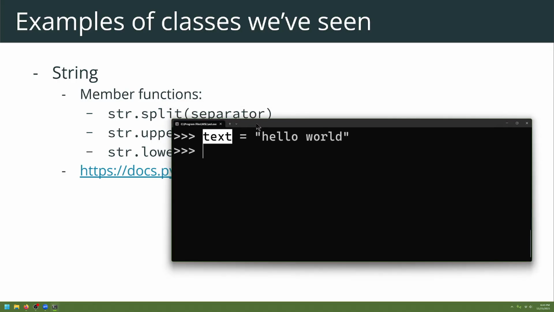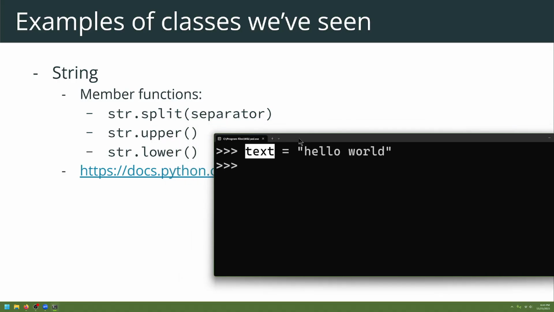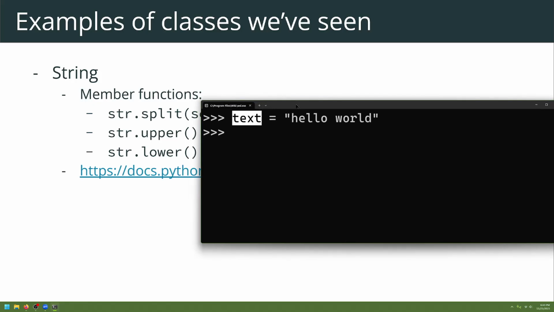And that class string has a lot of functions attached to it. Like you could say text.upper. This is a function that belongs to a string. Basically, this function returns something. In particular, it returns the uppercase string. So if for some reason you want to uppercase text, you could do this right here.